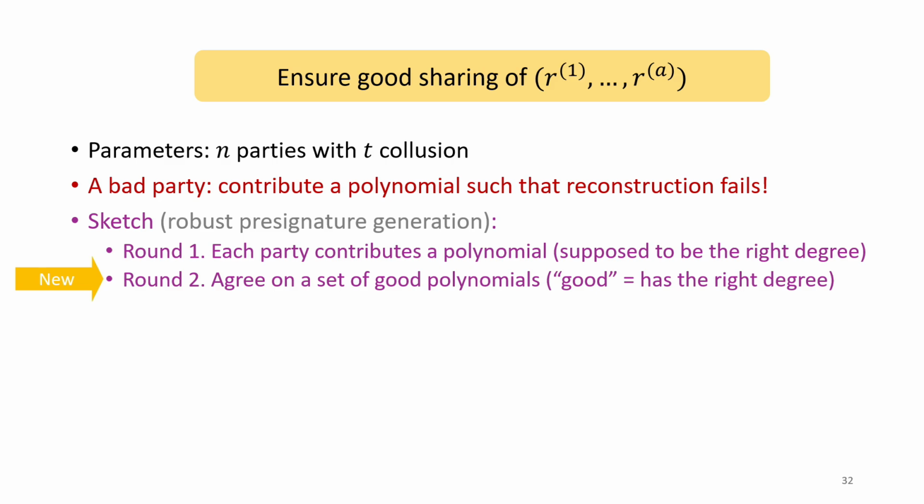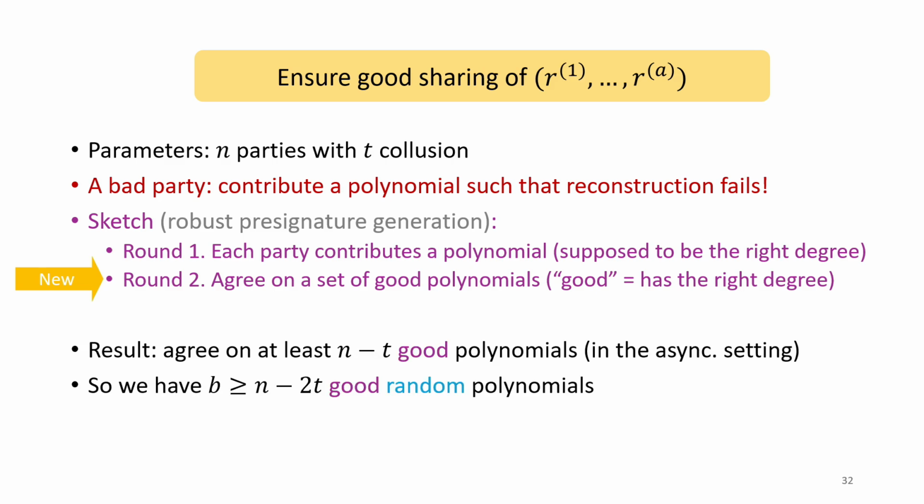Our agreement protocol only adds one additional round to the previous version I mentioned. So as a result, it only requires 2 rounds, and this is our pre-signature generation. Readers can check more details in our paper, but the result we achieve here is that we can have the parties agree on at least n minus t good polynomials in the asynchronous setting, where good means that the polynomial has the correct degree as the protocol specifies.